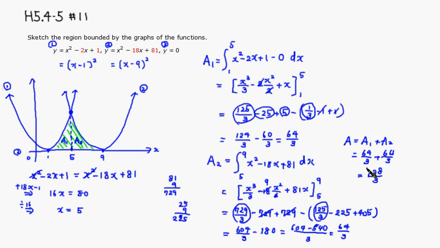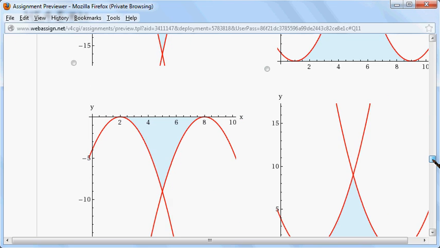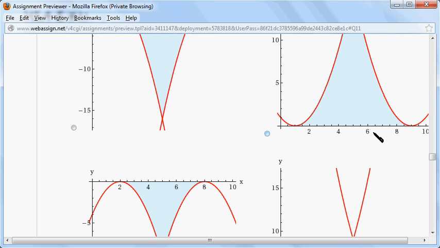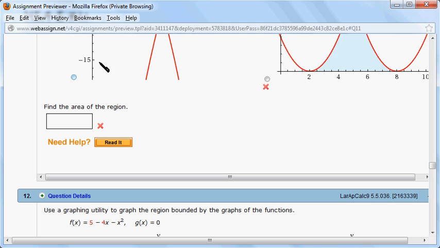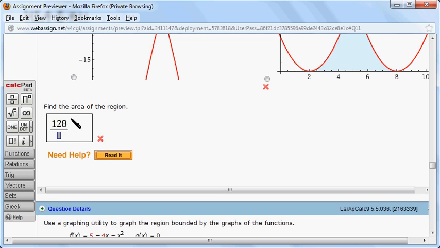So that's the area. Let's plug it in. The correct region is 1 and 9, so this must be it. Then the answer is 128 over 3.